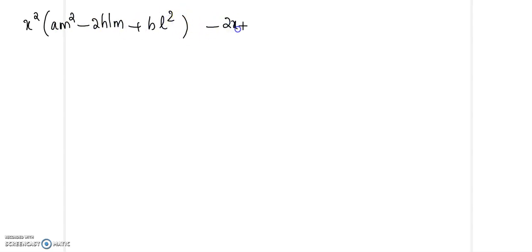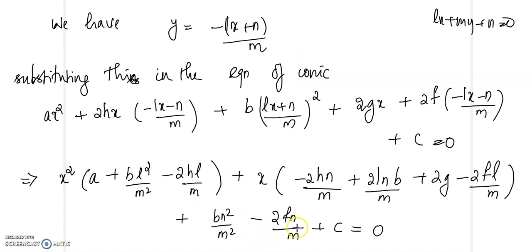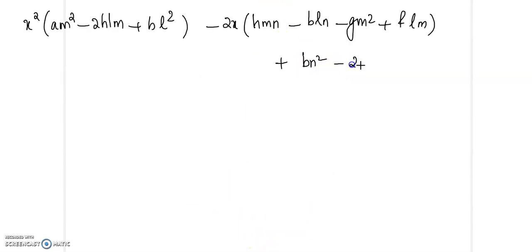Upon simplifying, you will get the equation as x square into (a m square minus 2h l m plus b l square) plus 2x into (minus h m n plus b l n minus g m square plus f l m), and then we will have the constant terms: b n square minus 2f m n plus c m square equal to 0.